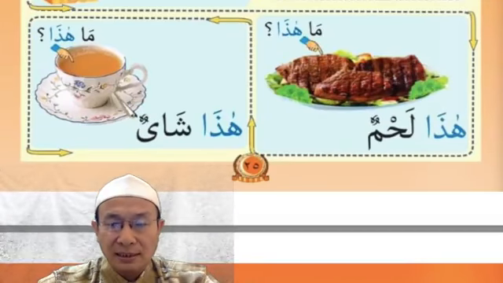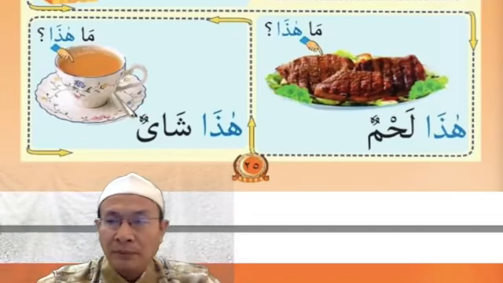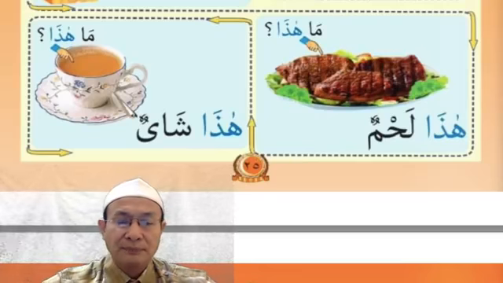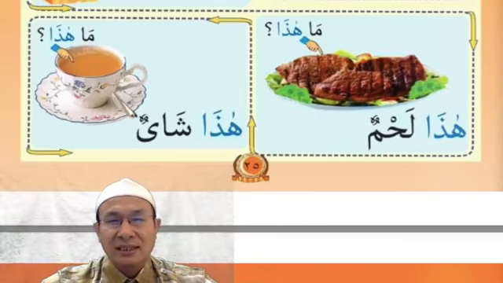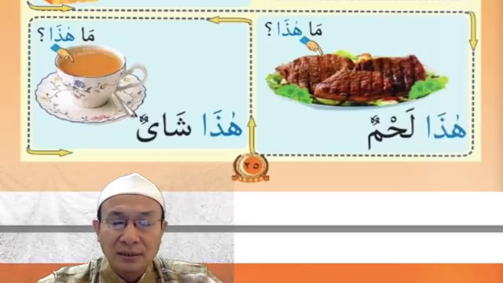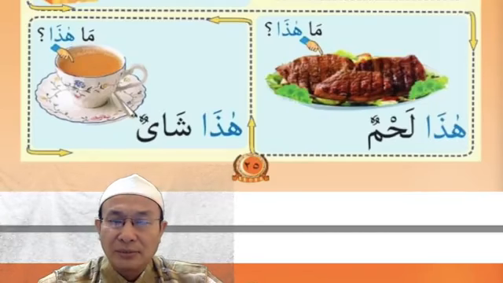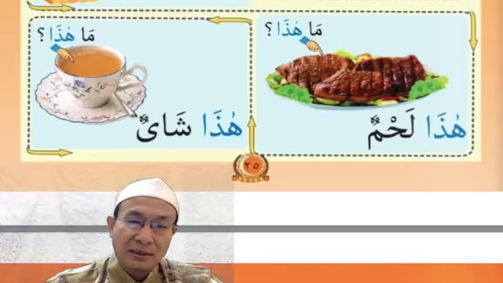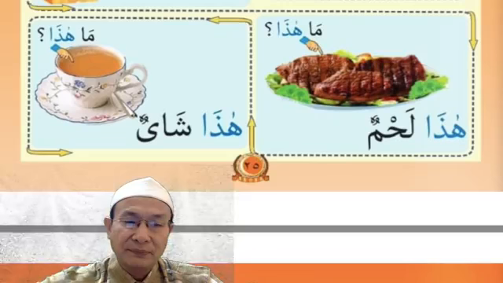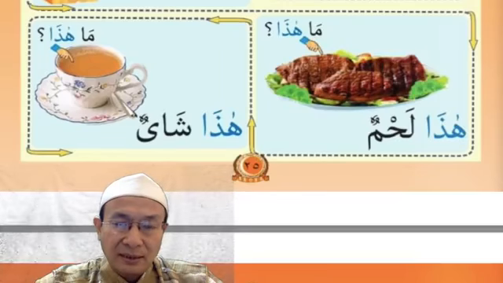ما هذا. What is this? هذا لحم. This is meat. Alright? And the left side. ما هذا.